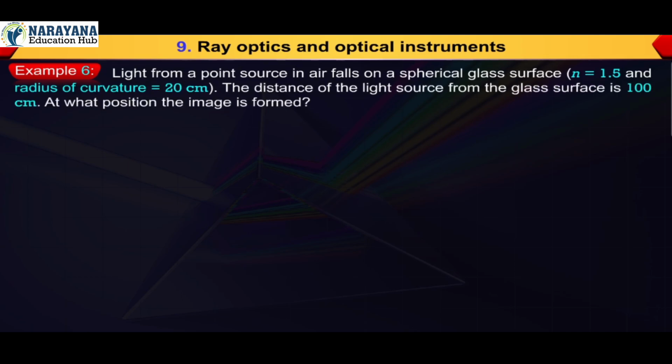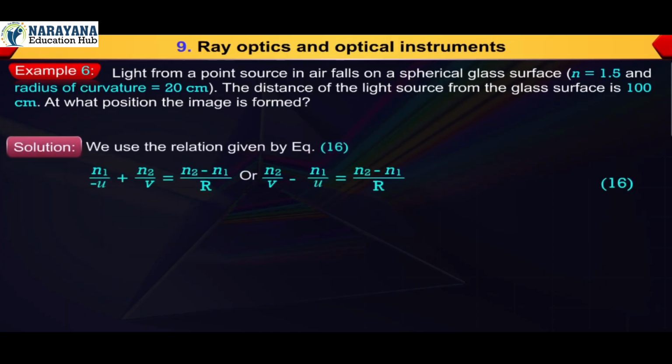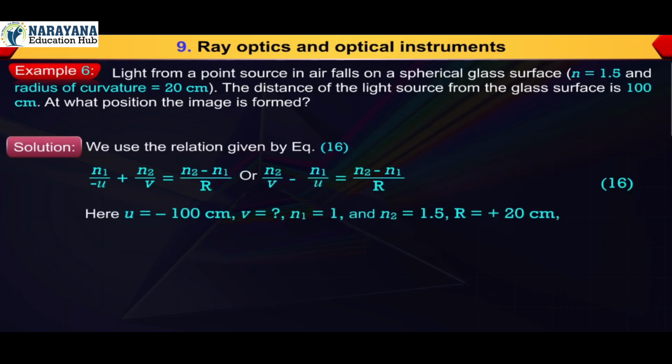At what position is the image formed? Solution. We use the relation given by equation 16. Here, u is equal to minus 100 cm, v is to be determined, n1 is equal to 1 and n2 is equal to 1.5, R is equal to plus 20 cm.